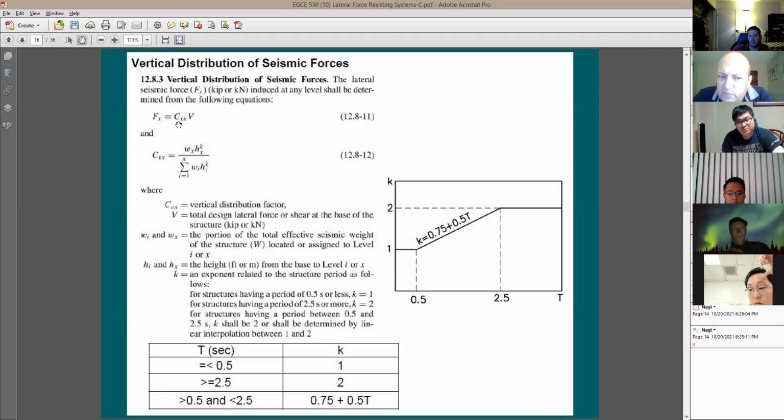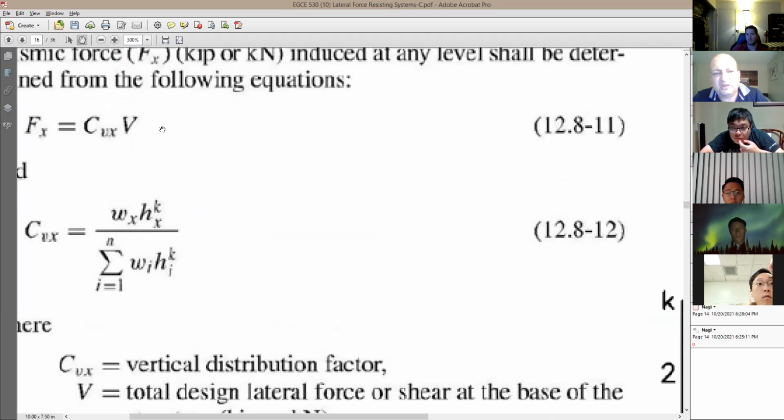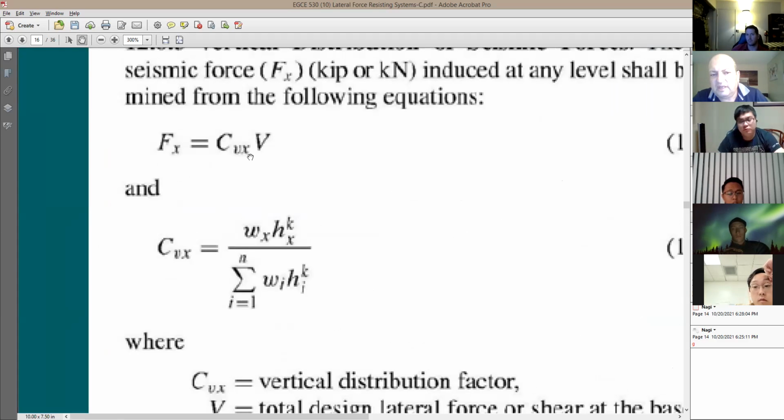We have an equation here with the code. The equation says total force acting on the building, we're going to call it V. Fx is going to be the story force, the applied force at each level. It's going to be equal to a coefficient called CVX, the seismic coefficient. X is for the story, and V is the seismic base shear.